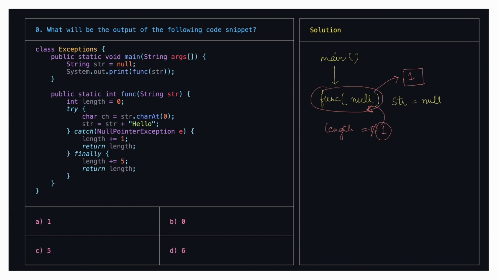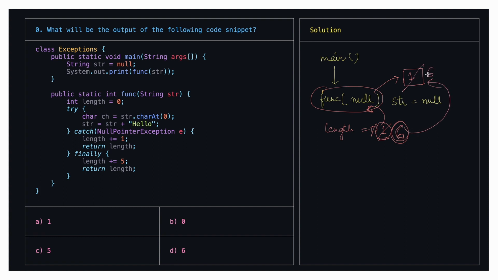Now we have length as 1, and the control has moved to the finally block. The finally block says increment the length by 5, so length becomes 6. The finally block also says return this length, so the final value 6 will get returned.